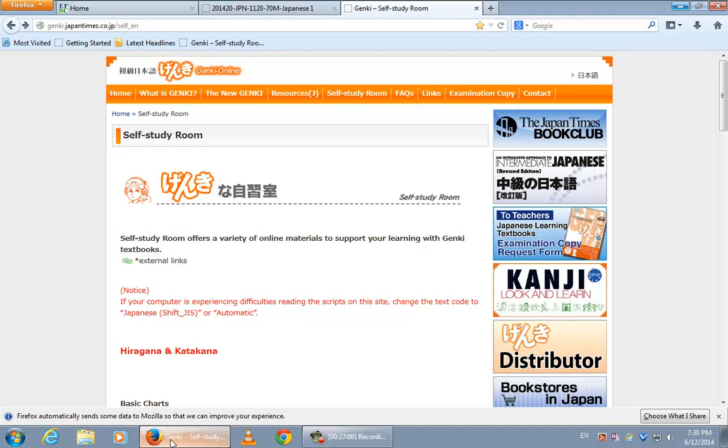This ni is marking what they call specific time, meaning it's something that you can define with a clock or a calendar. For example, doyobi ni, on Saturday, or shichiji han ni, at 7:30. Those are the kinds of time phrases you use with ni.